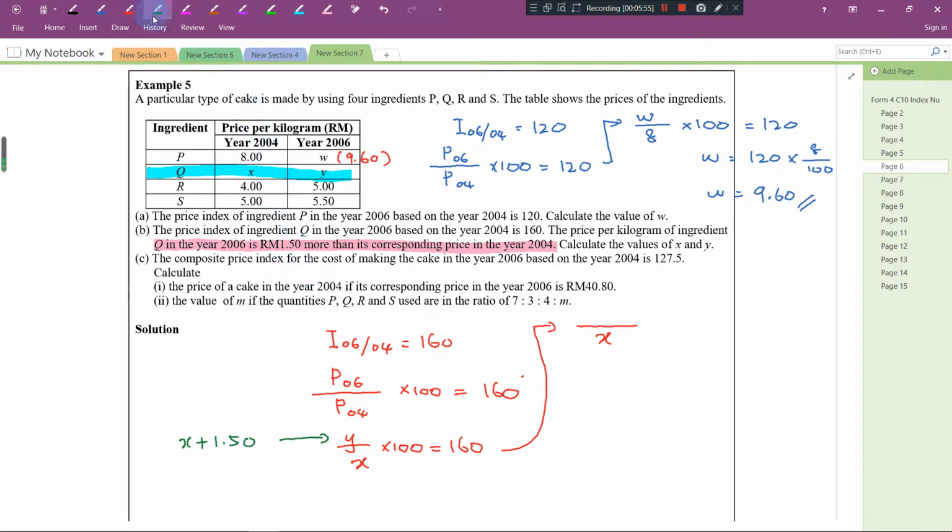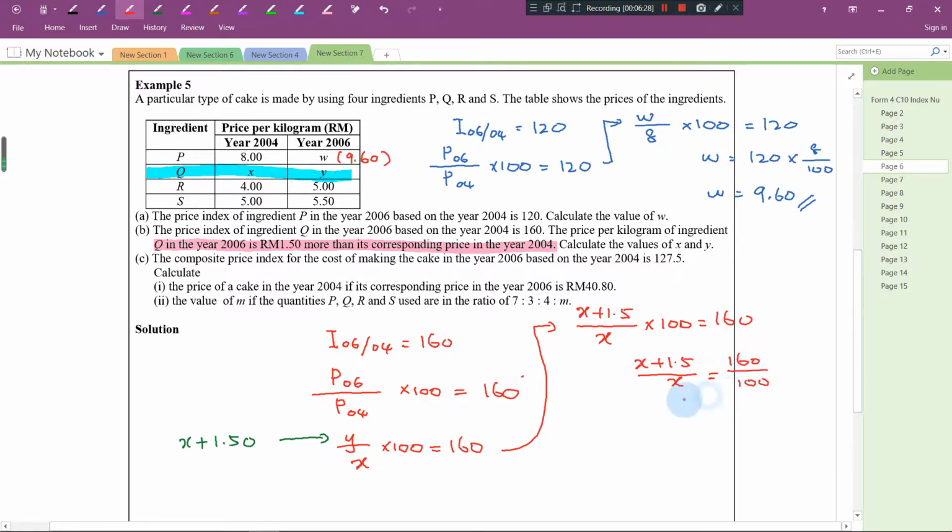Okay, so now I don't want to write the Y anymore. I write X plus 1.5. Then times 100 is equal to 160. Now I only have one unknown, so I can get the value of X easily. So X plus 1.5 over X is equal to 160 over 100. If you want, you can just use a calculator to simplify this one first.